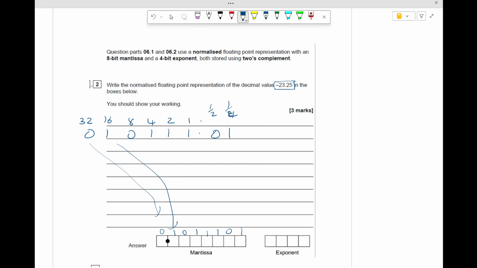Okay. Now, in order to get back to where I wanted to be, I'm going to have to move the binary point, which is now there, 1, 2, 3, 4, 5 places. So that's going to make an exponent of plus 5. Now, all I've got to do is convert that into its negative equivalent.